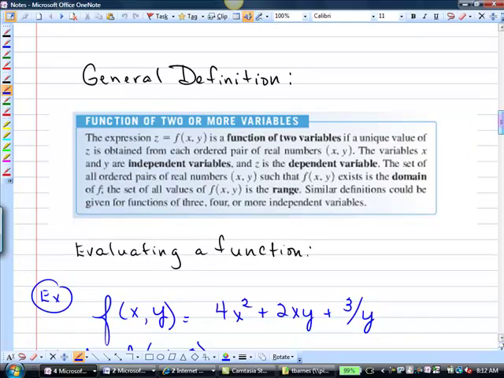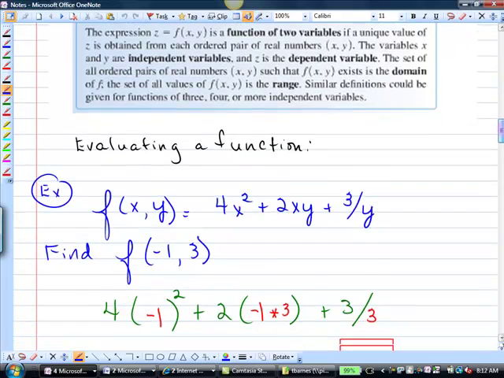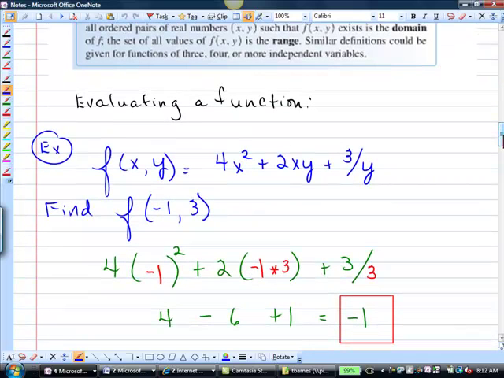All right, so then we're going to do some evaluating of these, and here's the first one. If you were asked to find f of x, y, where it was 4x squared plus 2xy plus 3 divided by y, and it says find f of negative 1 comma 3. What's it asking us to do?